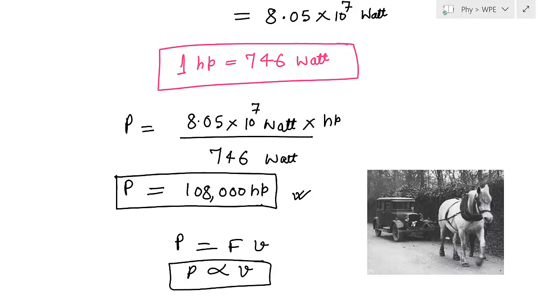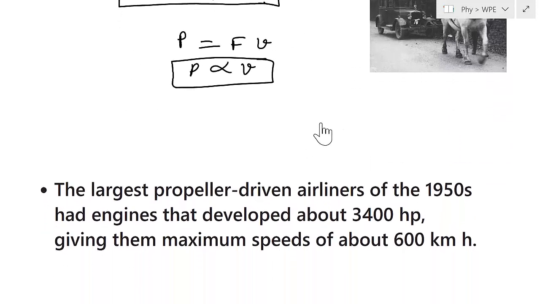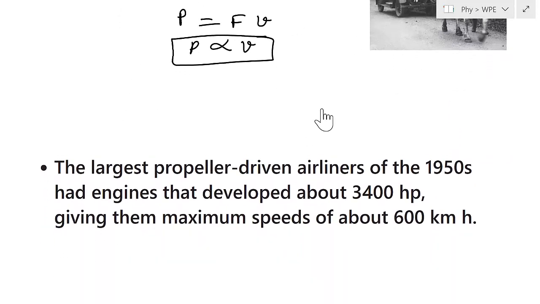In other words, if you want to increase the velocity of an airplane, you have to increase the power of the jet engines. You may have 5 engines or 6 engines, or you may have one engine which generates more horsepower. So if you want to increase the speed, then you have to increase the power of the engine.